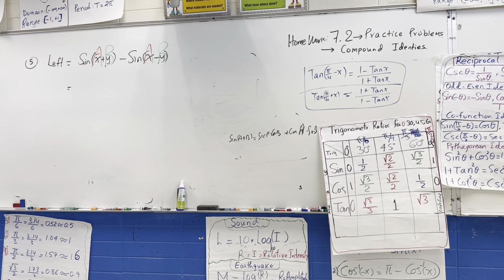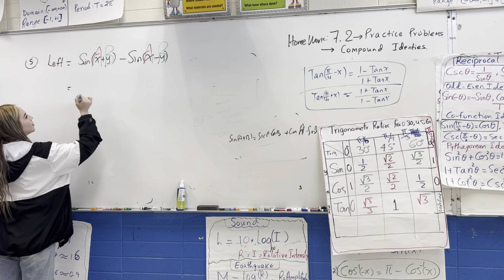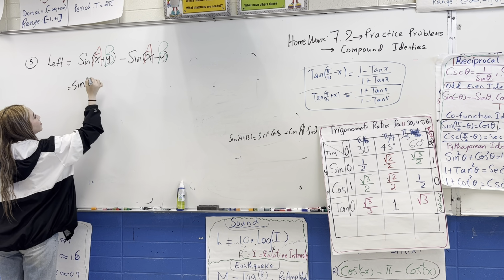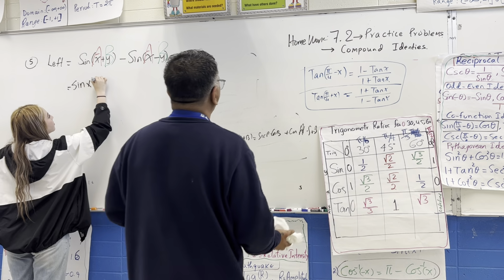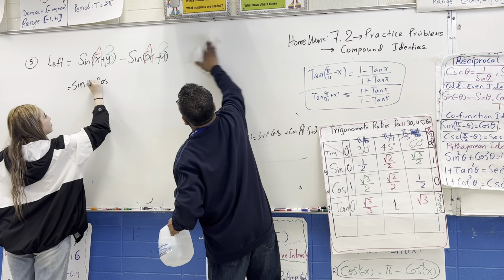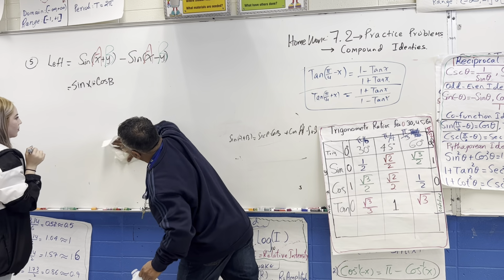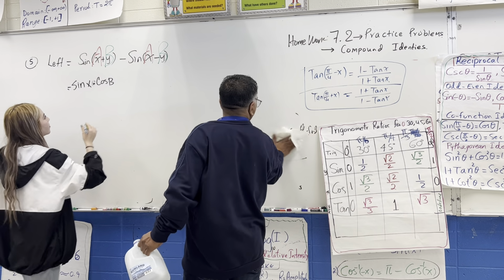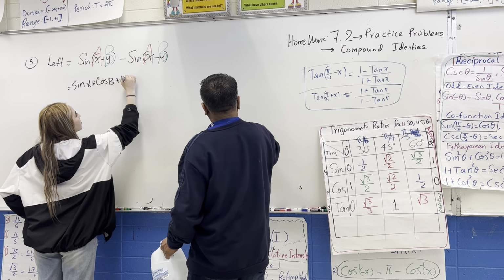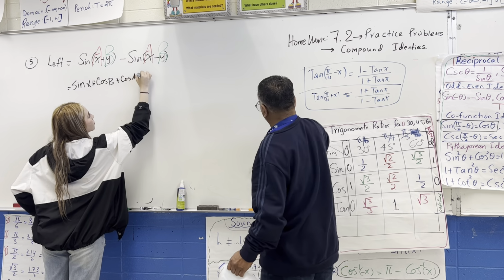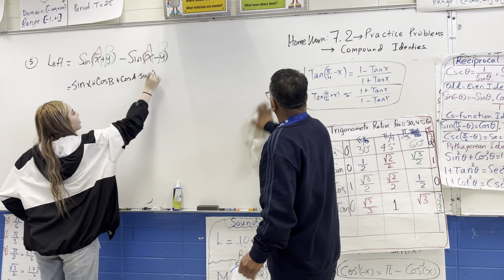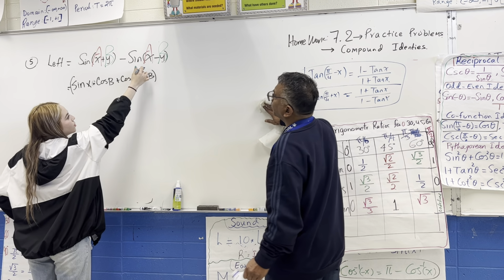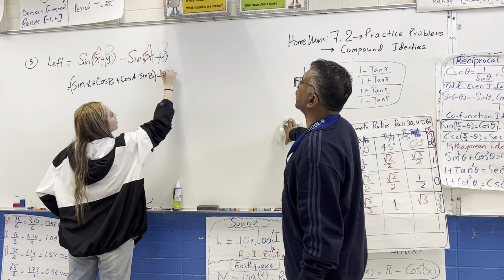Sin A cos B plus cos A sin B. And then it would be twice because of this one too, right? So then it would be minus. Yeah, you have to put a parenthesis, correct.